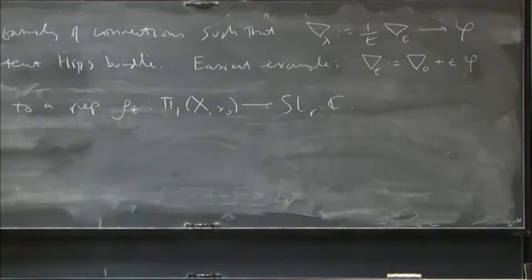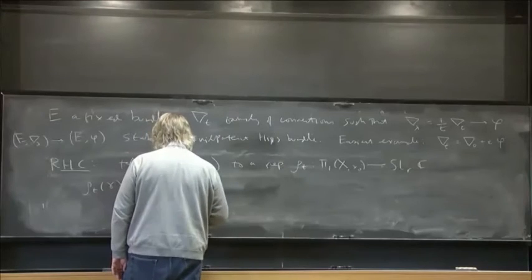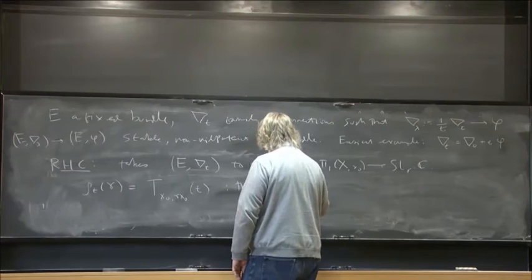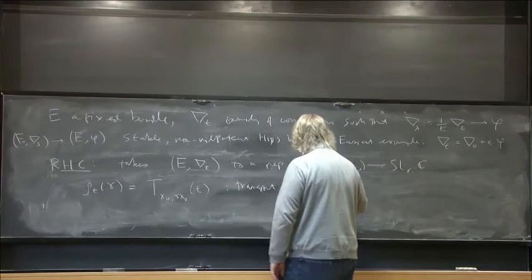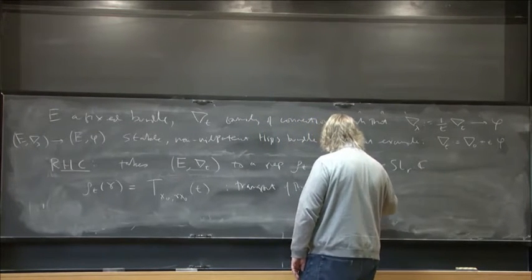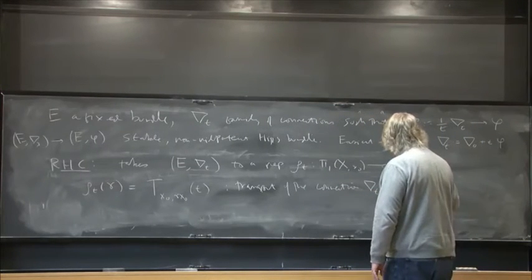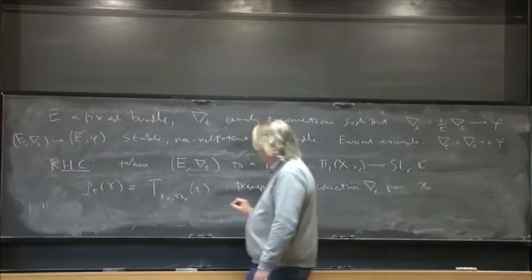So rho t of a group element gamma is the transport. So let me use this notation. The transport from the point x0 to the point gamma x0. So this is the transport of the connection nabla t from, now let's put a little tilde here also.